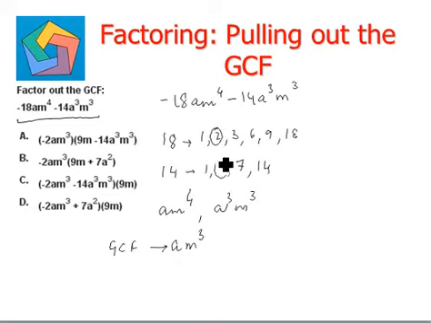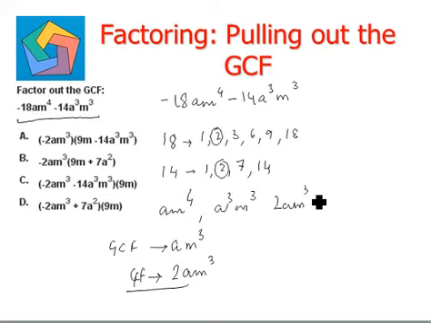Now combining the two GCFs, of the coefficient and the variable, we get 2am to the power of 3. This is the GCF of the expression.